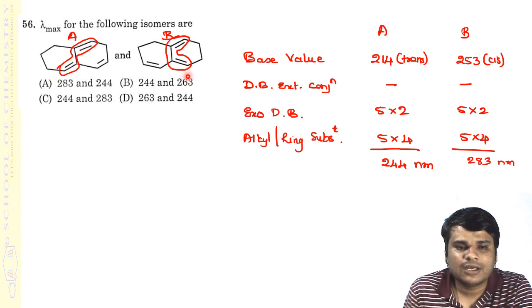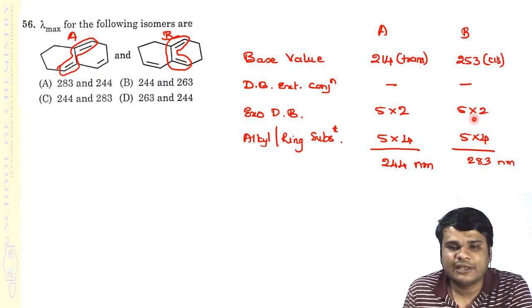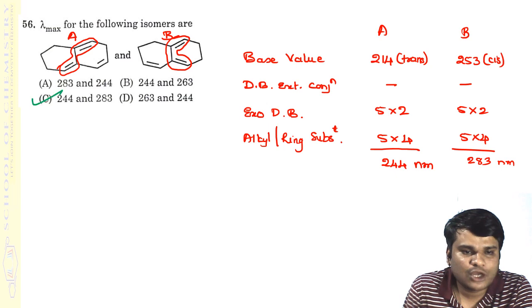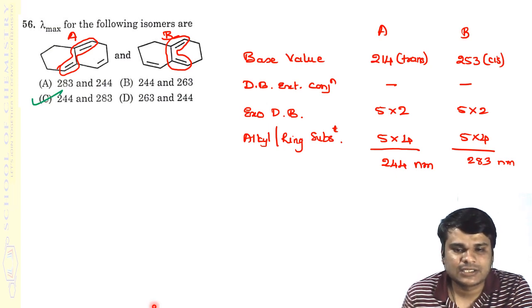Again in this case, considering the cissoid system, there is no double bond extending conjugation. So the base value for this will be 253. In a similar way, if you count the ring residues and exocyclic double bonds, the same as here comes here too. So 253, and 30 units should be added. In this case it will be 283, and the corresponding option, 244 and 283, is option C, that is the correct answer for this, right?